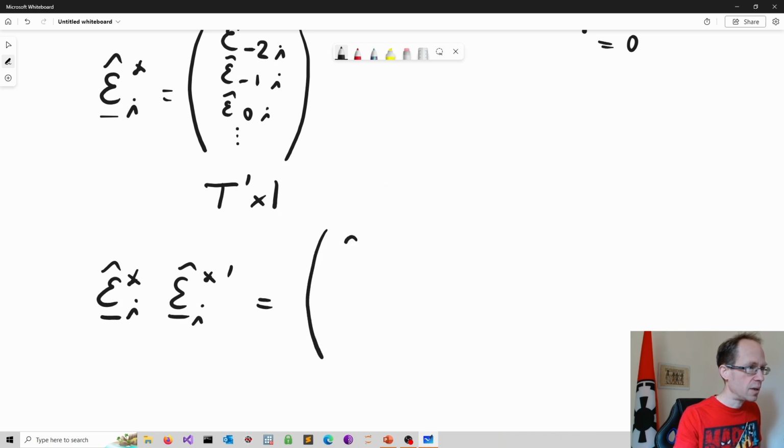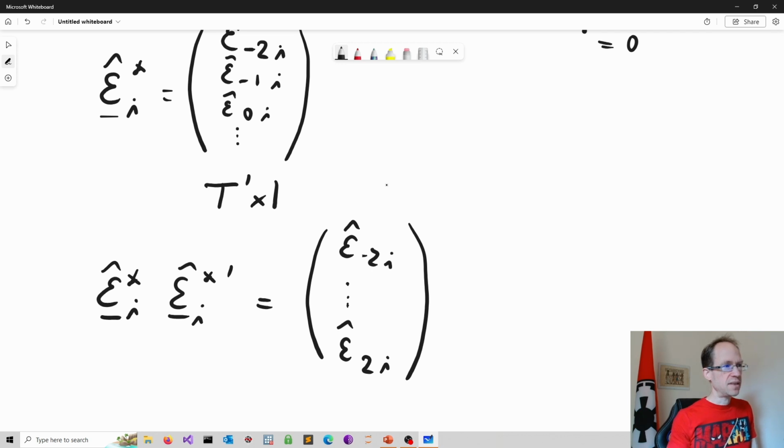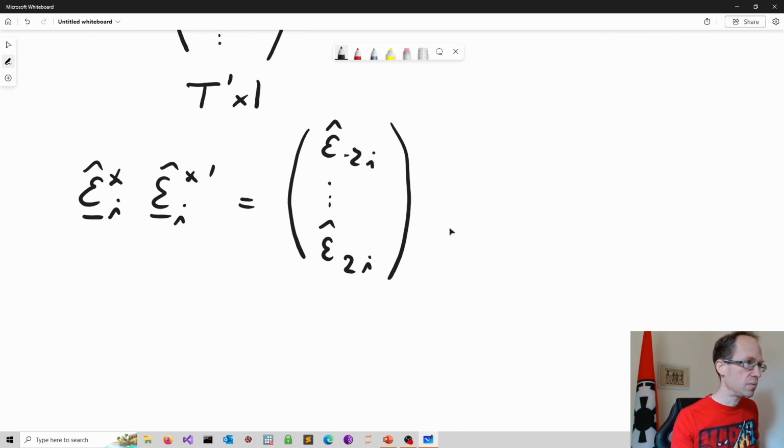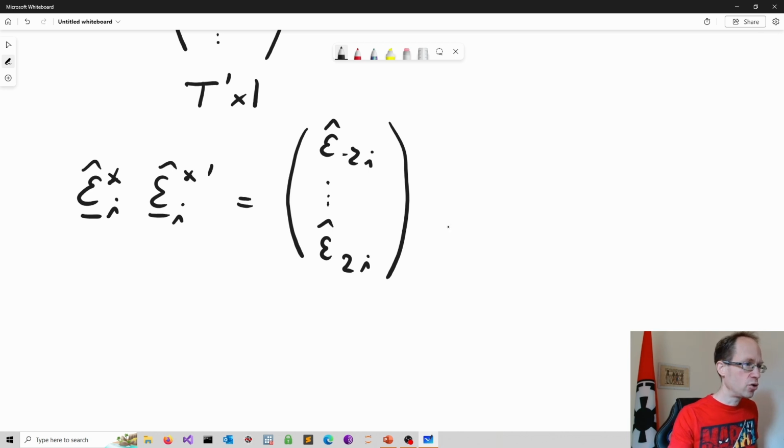So I have here epsilon minus 2i hat and so on, and I go all the way down to plus 2i, so 2 days after the event. And then of course it's a transpose. So the first term is my column vector, with dimension T prime times 1.